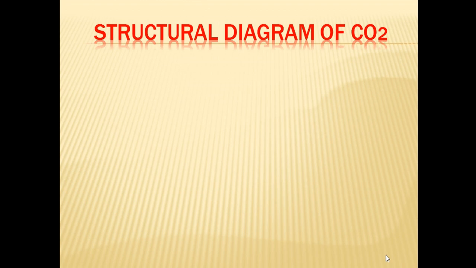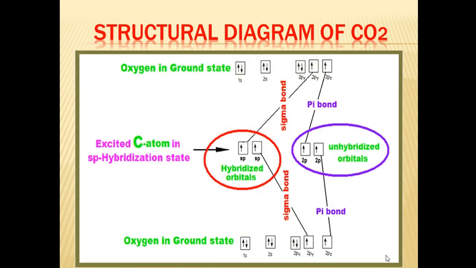Look at this slide, in which bonding between carbon and oxygen are shown in detail. The electronic configuration of carbon shows that carbon has 4 electrons in the valence shell.